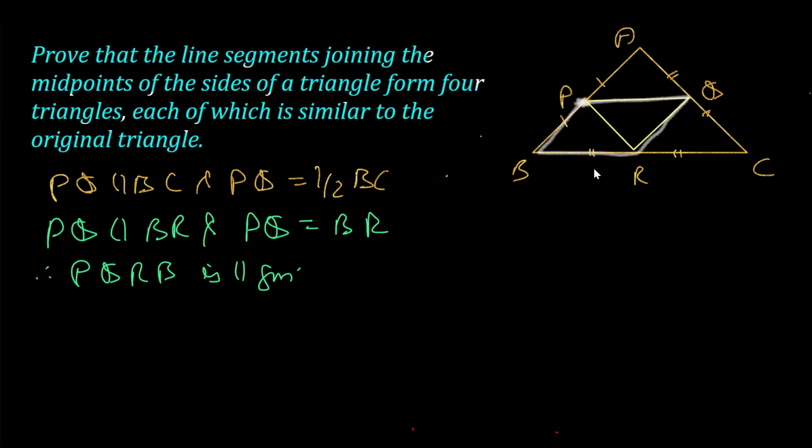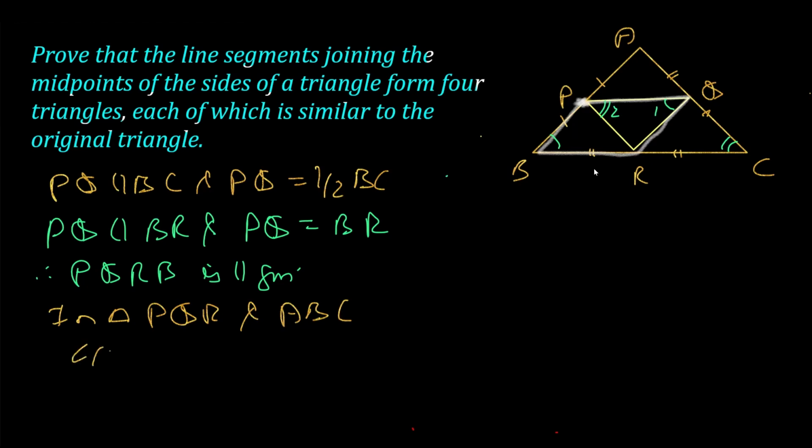Now, if this figure is a parallelogram, then we can say that their opposite angles are equal. So I can write over here that this angle, say 1, is equal to angle B, and this angle, say 2, is equal to angle C. So I can write, therefore, the triangles, we have to mention the name of the triangle. That is triangle PQR and the triangle ABC.